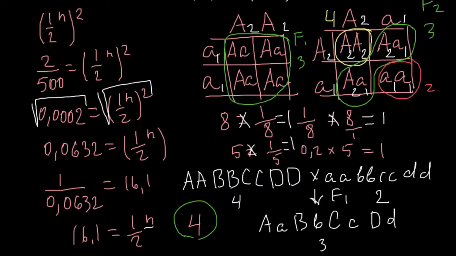Now, how can we find the additive value for each allele? This is very easy. We just have to divide 4 here, for example for this parent 1, by 8 alleles, and we would find that each allele would equal 0.5. So 0.5 for each allele. I wouldn't write the whole row.